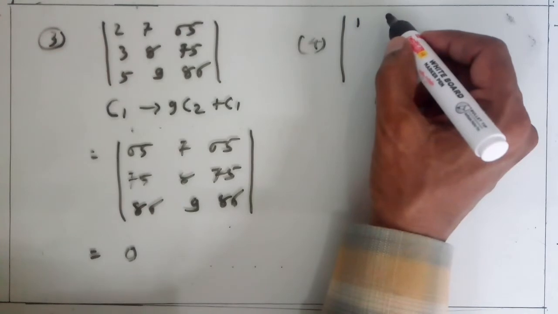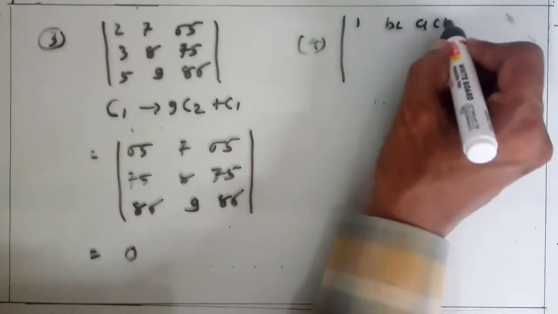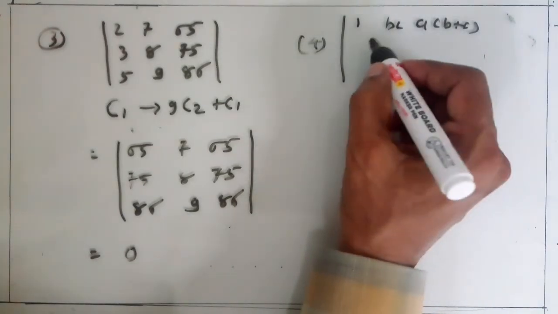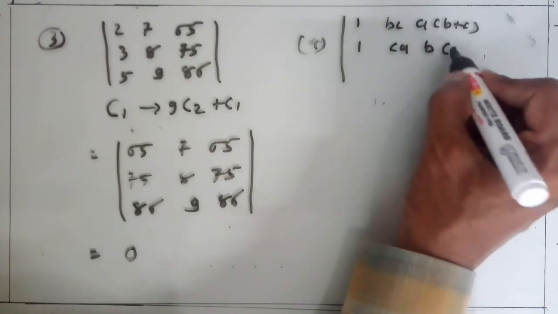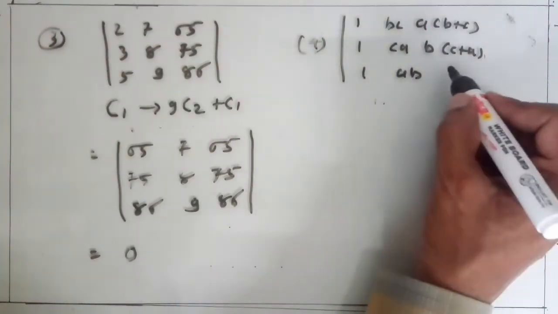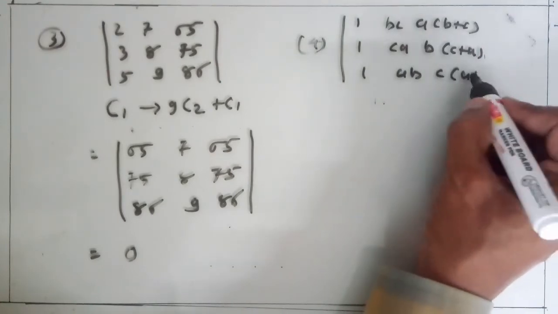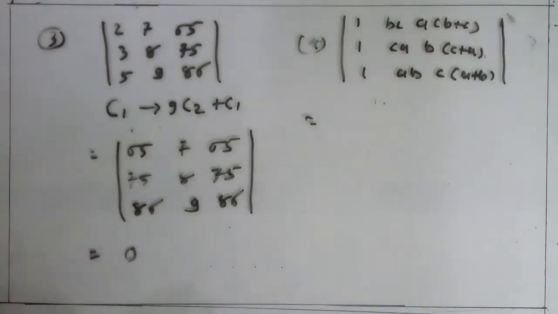Prove that the value of this determinant, 1 BC A into B plus C, 1 CA B into C plus A, 1 AB C into A plus B, is equal to 0. Think how to prove this is equal to 0. In this determinant, we make two columns the same.